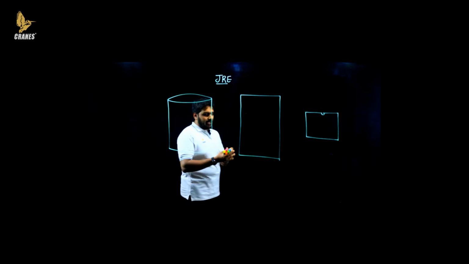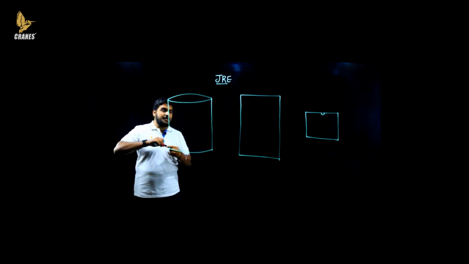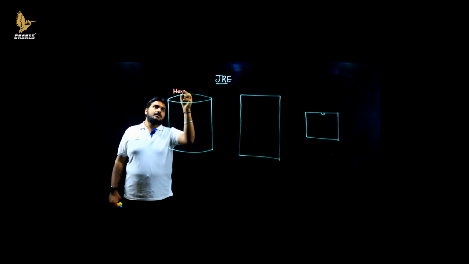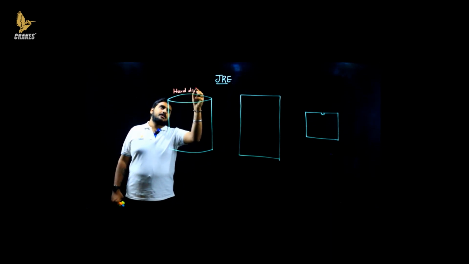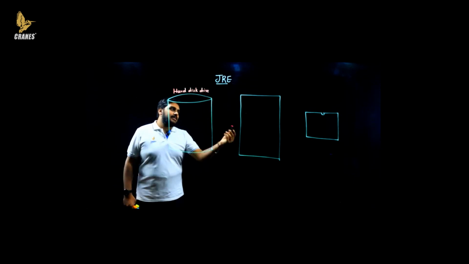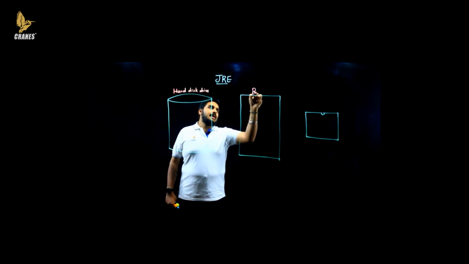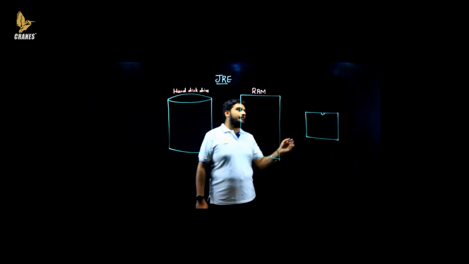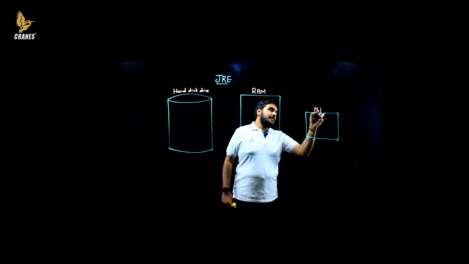Okay, so let me give them their respective names. I will call this hard disk drive. I will call this random access memory, most commonly called RAM. And this I will call the microprocessor.